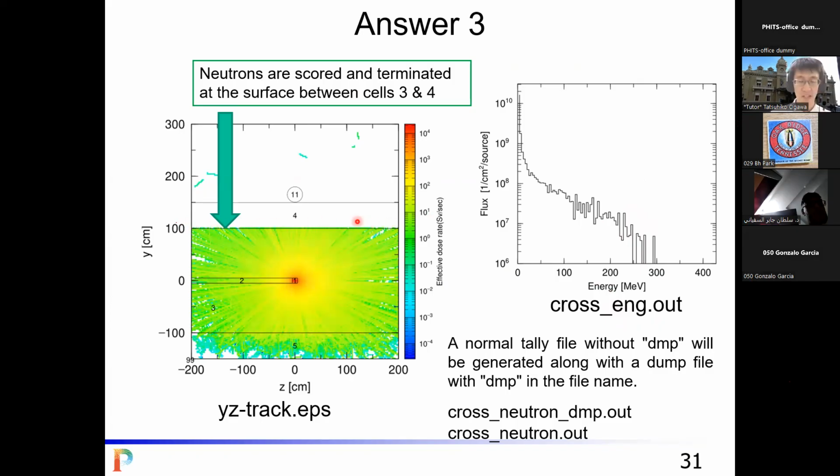As we replaced the concrete with a void, we see no particles here. Everything is dumped and stopped.